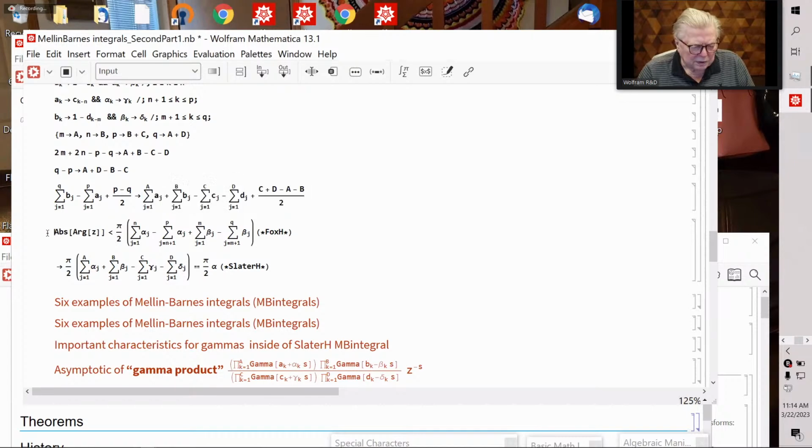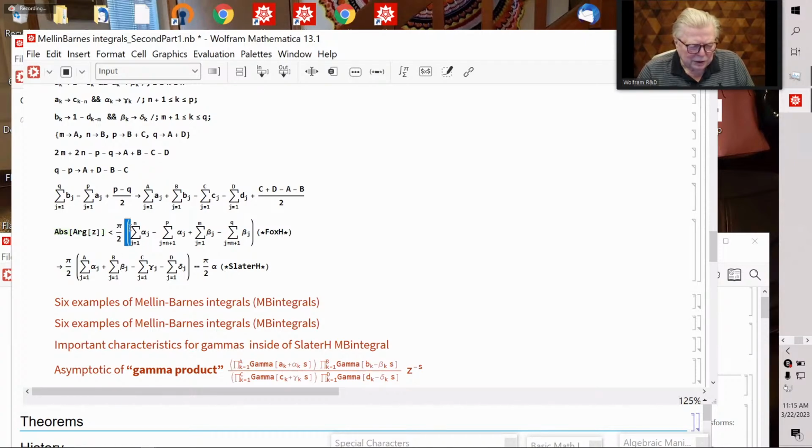And it's important to have a restriction on the argument. In Mathematica, we always have the argument between minus pi and pi, including pi.